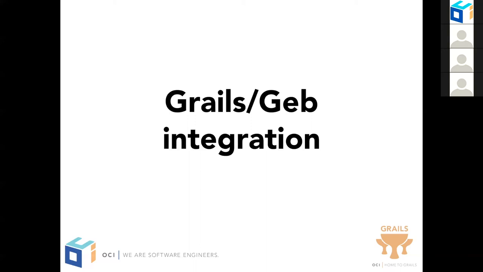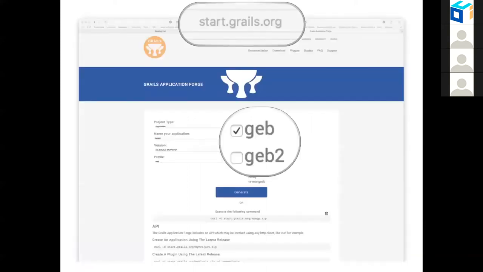In Grails 3.3.2, we created a Geb feature, which is included by default in the web profile, and in Grails 3.3.3, which will be released in the upcoming days, we have two features.